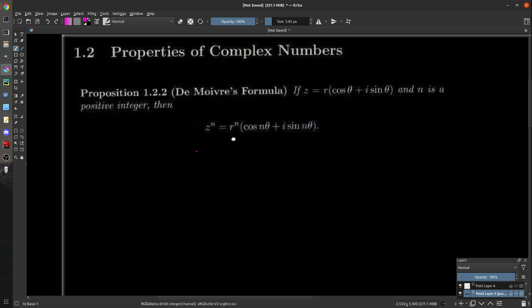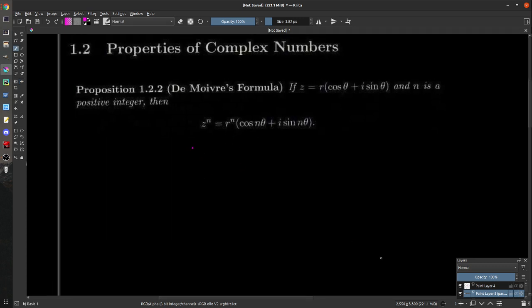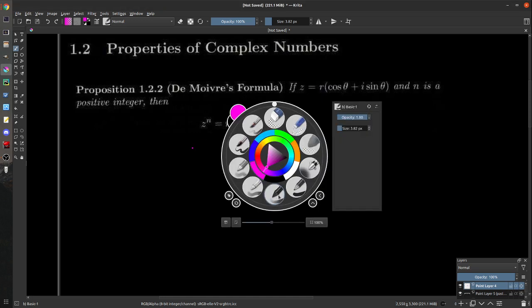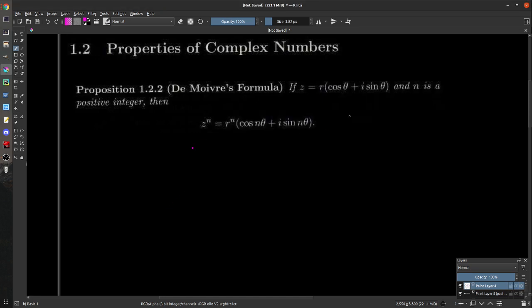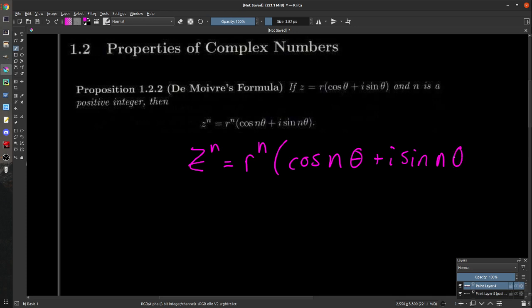All right. So if z is r cosine theta plus i sine theta in the exact same way we've been writing everything so far, and n is a positive integer, then z to the n, here I'll rewrite this a little bit cleaner next to it, a little bit bigger. z to the n is equal to r to the n times cosine n theta plus i sine n theta.